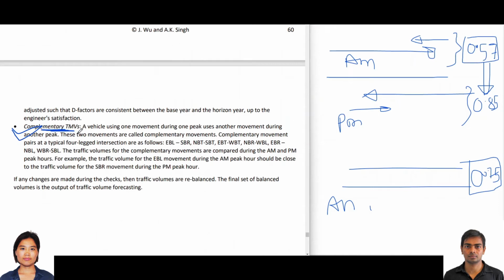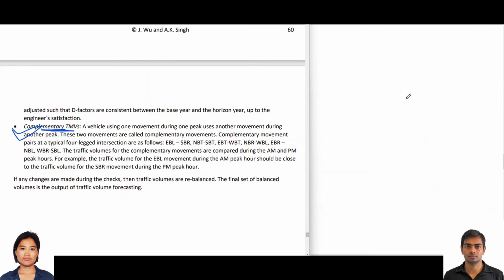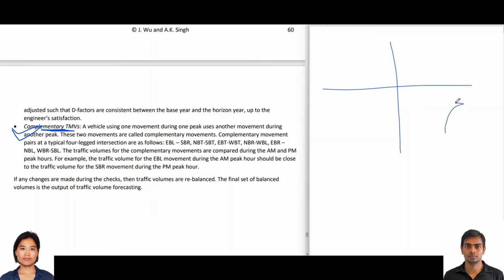So what is complementary turning movement count? Complementary turning movement count is this. Let's say 100 vehicles are going in morning peak, taking a right.